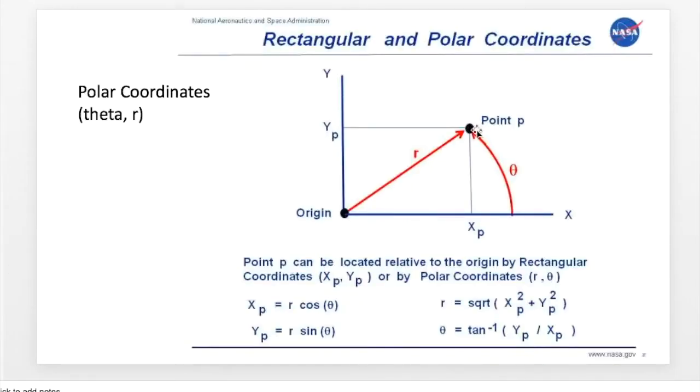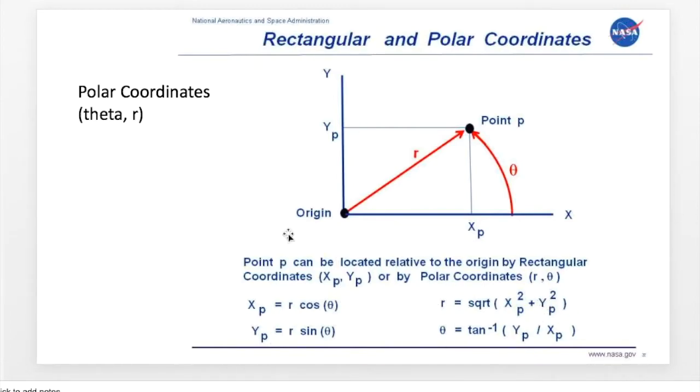So in this case, the point P in the Cartesian coordinate system has an address X and Y. But in the polar coordinate system, it has the address known as theta, this angle, and R, which is the distance from the origin to point P. So point P's address in the polar coordinate system is the angle theta from the x-axis going counterclockwise, and also the distance from the origin to point P. And I just want to point out that the Cartesian and polar coordinate systems can be interchangeable, through these conversion equations.